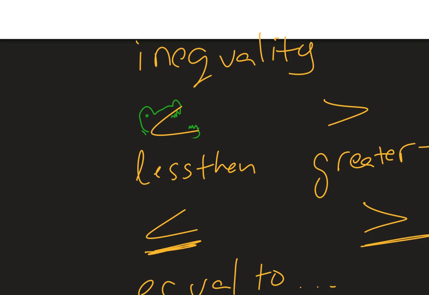How I see it is this is a story of over here is a plate of only 3 chicken nuggets, and over here is a plate with many, many chicken nuggets. And so the crocodile is obviously looking over here going, I'm eating this, right? Because it's way bigger. And this story then is this side is less than this side, okay?